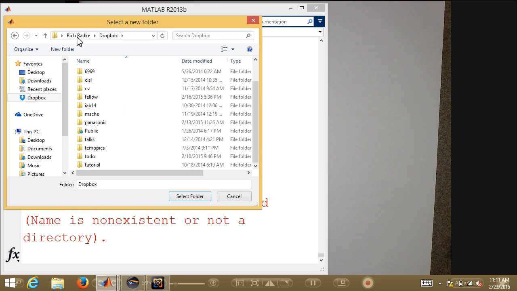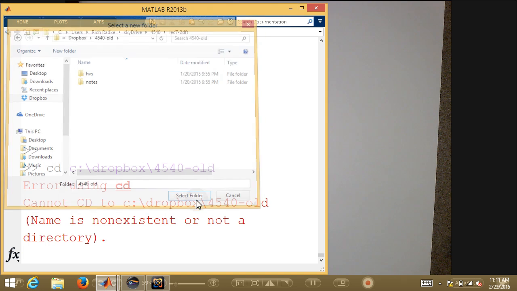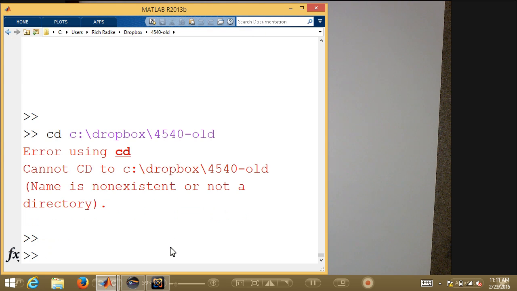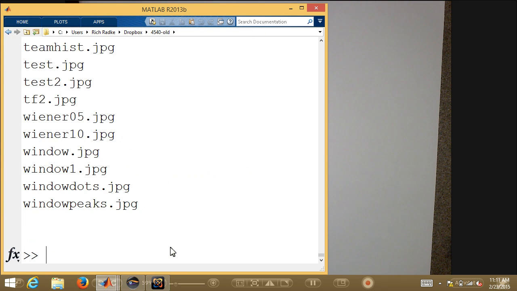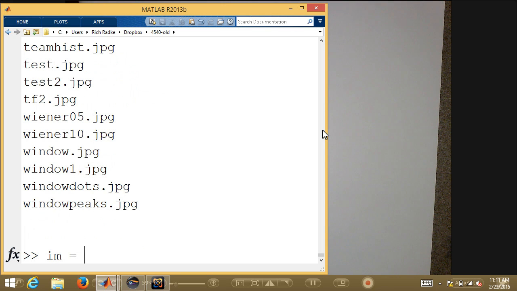Looking for an old image of mine. I guess I may not actually have it here. Well, we can try it. I thought I had a Sudoku image. There you go.